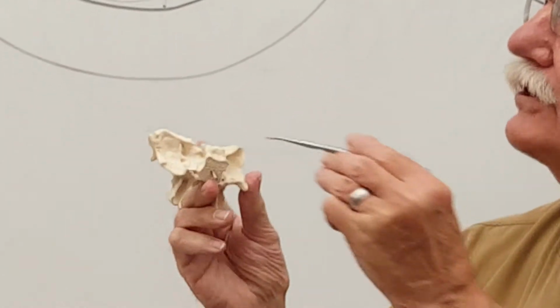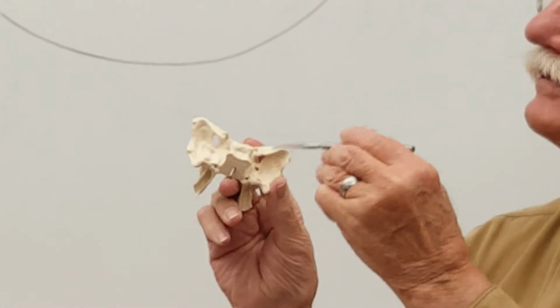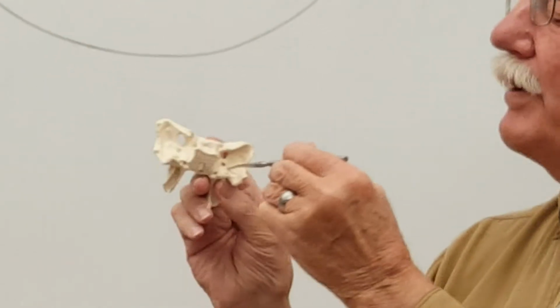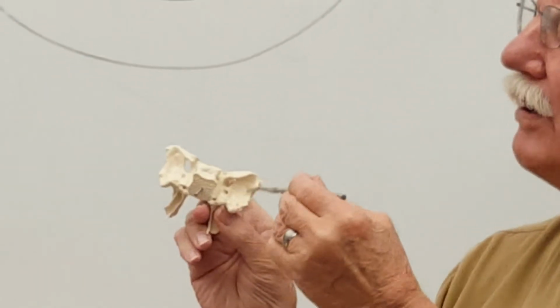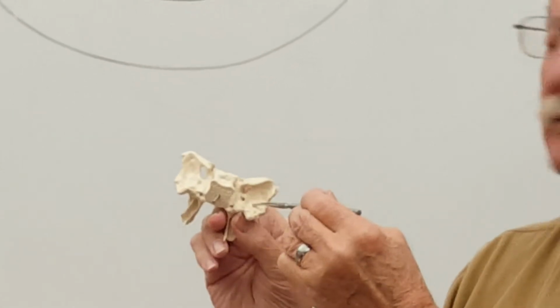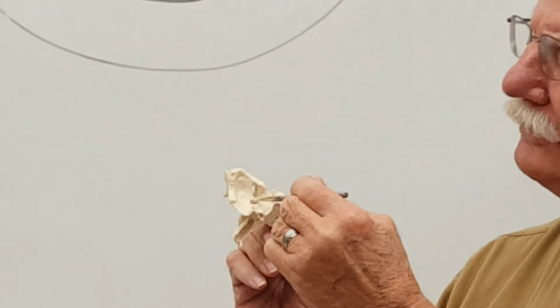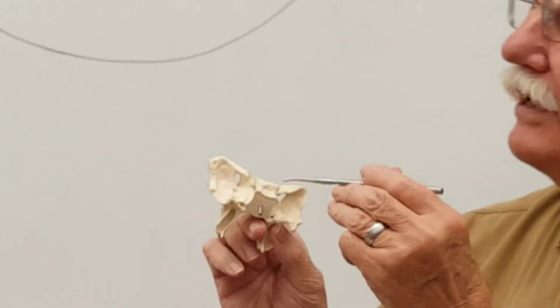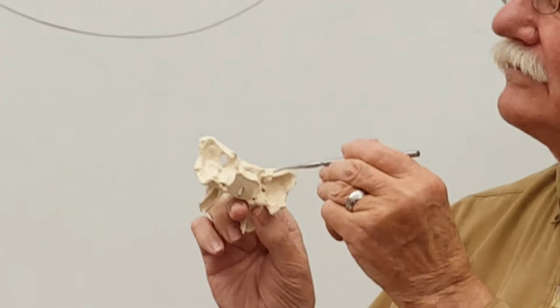Let's see, the lesser wing is this part up here, and the greater wing is that big part down here. And then the anterior clinoid process. Okay.